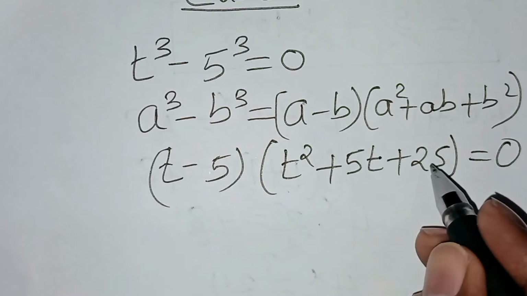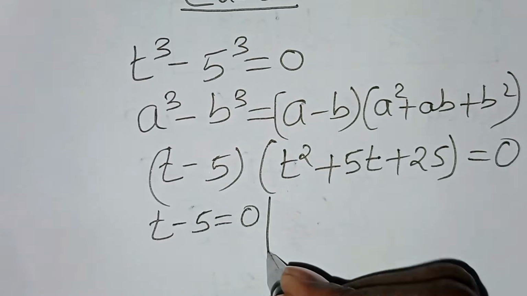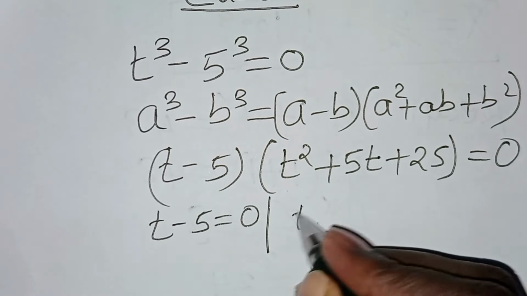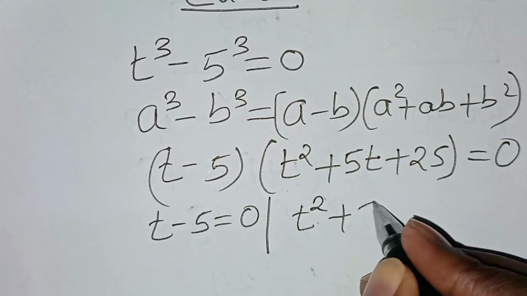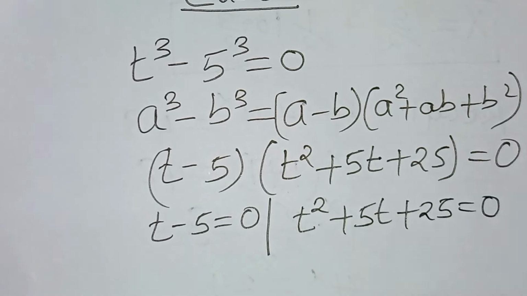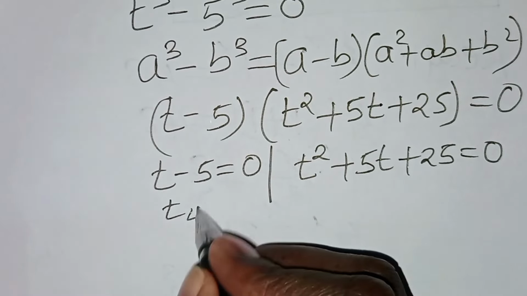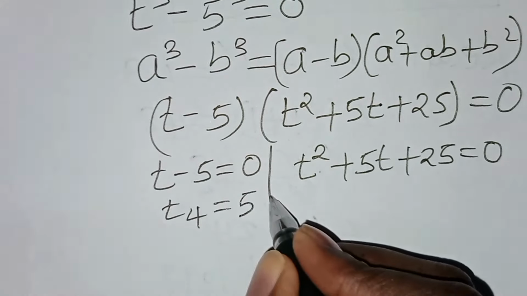Now here we have two parts. The first part is t minus 5, equal to 0. And the second part is a quadratic equation, which is t squared plus 5t plus 25, equal to 0. Now this implies here that t4 is equal to 5.